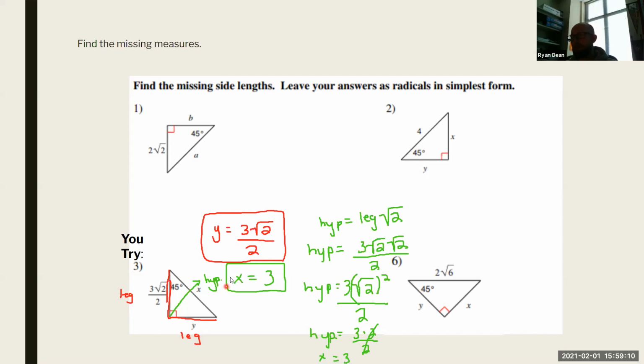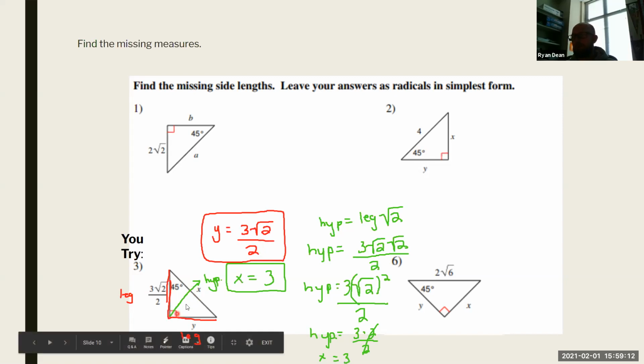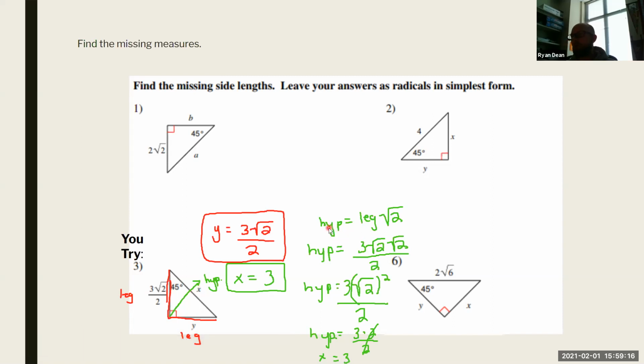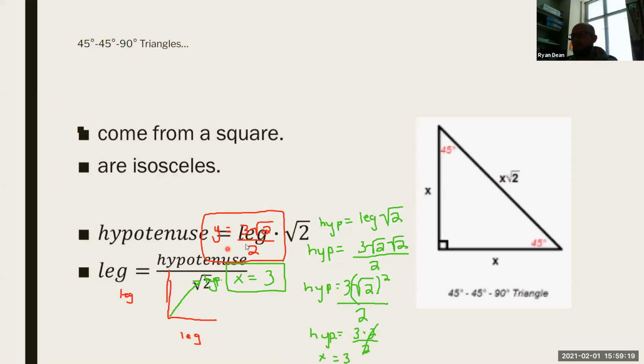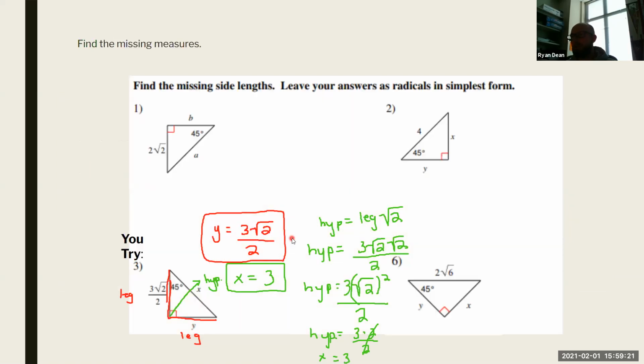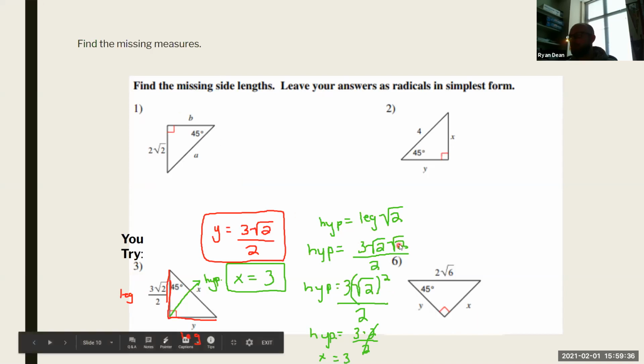Now for x, x is the hypotenuse because it is across from the 90-degree angle. Hypotenuse, the formula for that, we come back here, is equal to the leg times the square root of 2. Okay, so that's what's written here. And then I just replace my value for the leg, which is 3 square root of 2 over 2. I multiplied the square root of 2 in, and then just like we did in example number 1, we have 2 square root of 2's. Okay, so the square root of 2 gets written down.